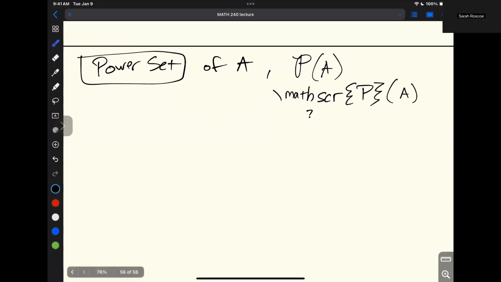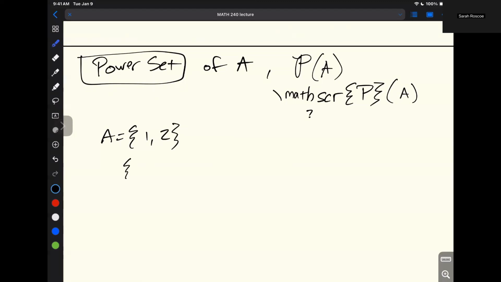The power set of A, we denote with this fancy P, is just all the subsets. Remember, we have sets and then we have subsets. If A is, let's start easy, just 1 and 2, then 1 is a subset of A, just 2 is a subset of A. Is 1, 2 a subset of A?